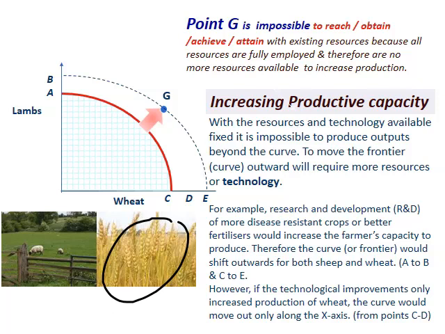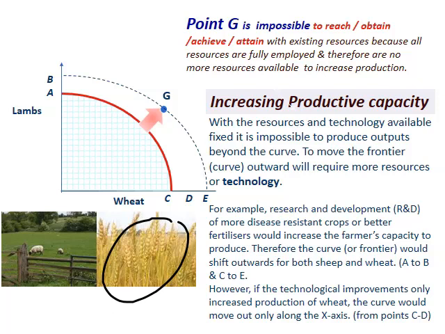If scientists developed better products to fertilize the grass so it'll grow more efficiently, then there would be an increase in the capacity to produce lambs, because of course lambs are pastoral animals, they eat grass.